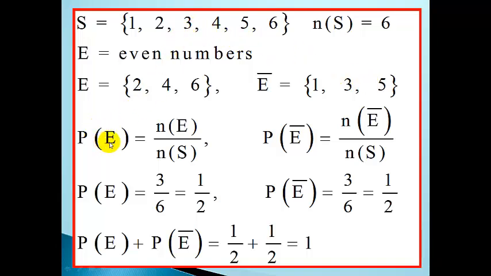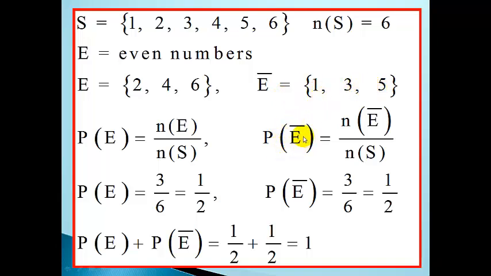So the probability of even numbers will be equal to the number of even numbers divided by the number of the sample space. The number of even numbers is 3, and the number of the sample space is 6. So the probability of even numbers is 3 over 6, and this is equal to 1 over 2. Now E bar equals 1, 3, 5.